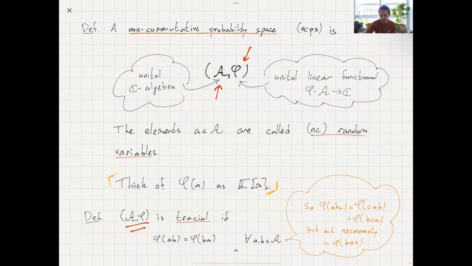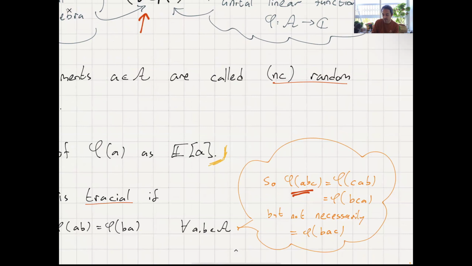And just as a warning, it doesn't mean that you can permute everything however you want within phi and it will stay the same, right? So for example, phi of ABC is phi of CAB, because you can just take this C here and move it to the front. Now you can take the B before the element CA, so it gets BCA.